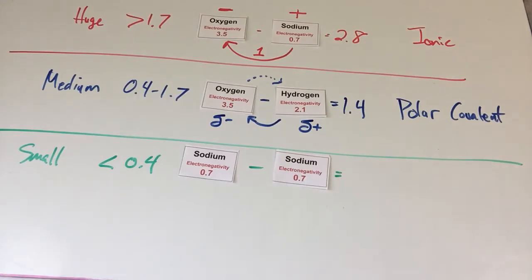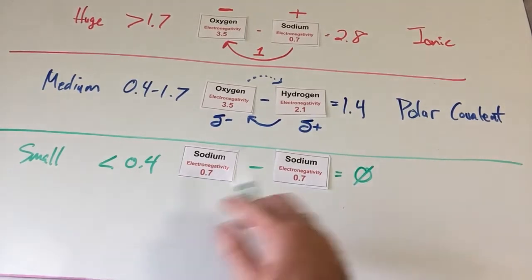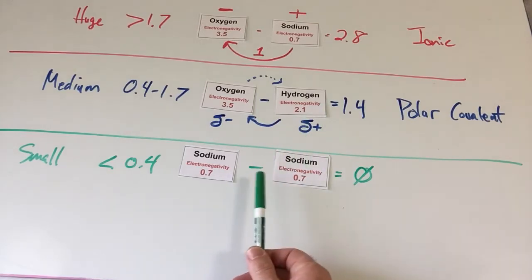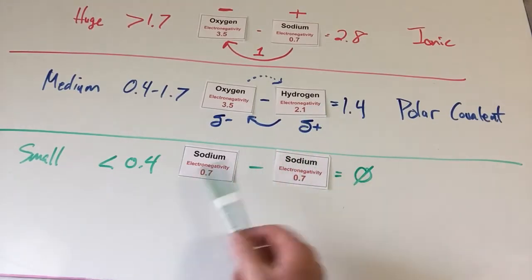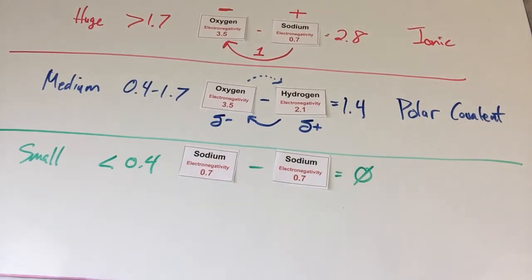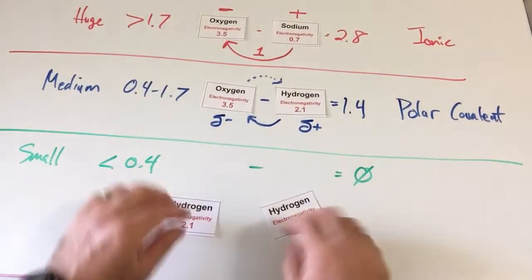And what that means is sodium to sodium has a 0 difference in electronegativity. That means that an electron coming in doesn't care where it goes. So there's not going to be a draw to one side or the other. And that means this example does not change at all if I swap out sodiums with hydrogens.